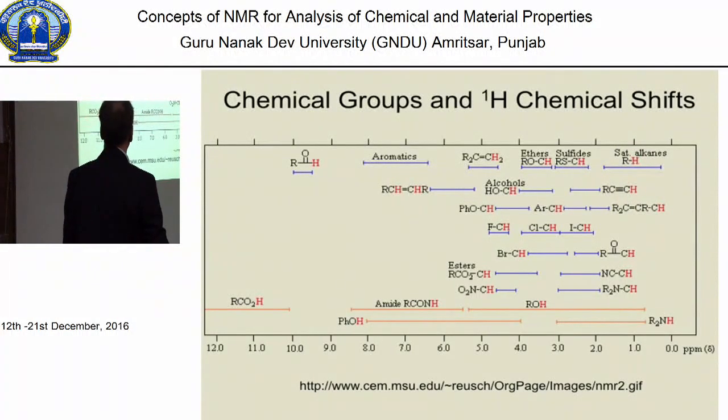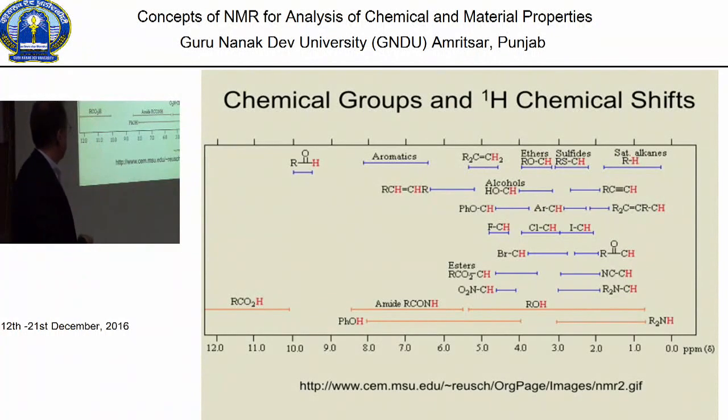And there are some exotic cases where you have lots of, let's say, removed electron density from the position of the nuclei. Then you are at the very high ppm range. So in a way you can say that nuclei that are highly shielded, with lots of electron density at the site of the nuclei, appear on the right of the spectrum.